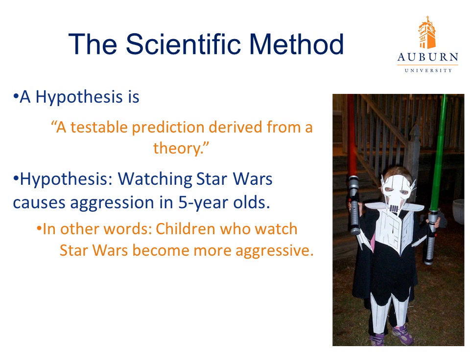Let's go through an example of creating a hypothesis statement. Here's a picture of my daughter, Katie, when she was 5 years old. She watched Star Wars quite a bit when she was younger, and her favorite character was General Grievous. For Halloween, I decided to make her a General Grievous costume. As a concerned parent, I may wonder whether the level of Star Wars watching is affecting her aggression.